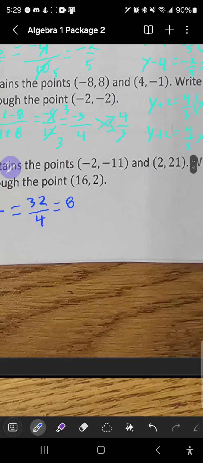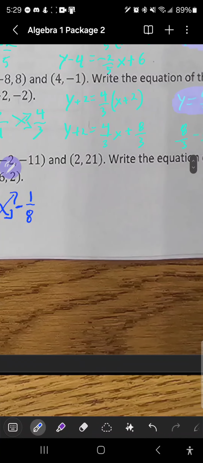Okay, now our perpendicular one. Remember, this is 8 over 1, so our perpendicular one will be 1 over 8. Now this is positive, so this needs to be negative. Negative 1 over 8. Now we have our slope, so we use our formula.